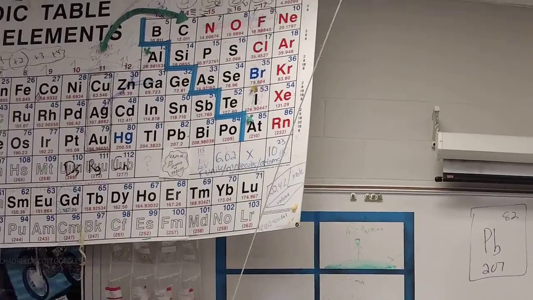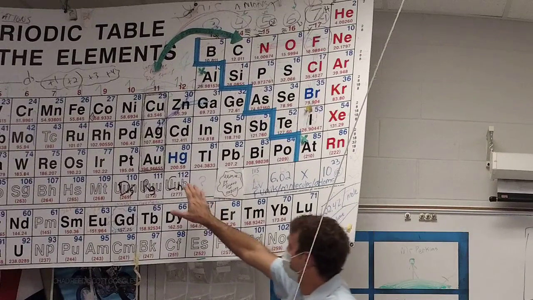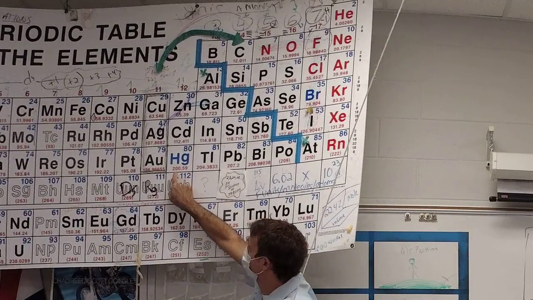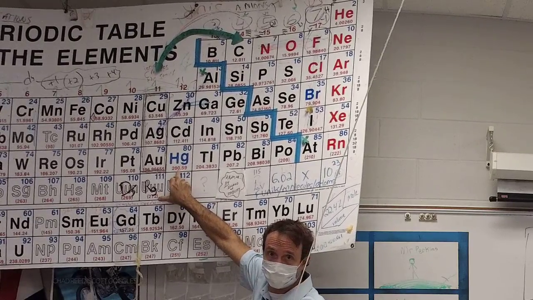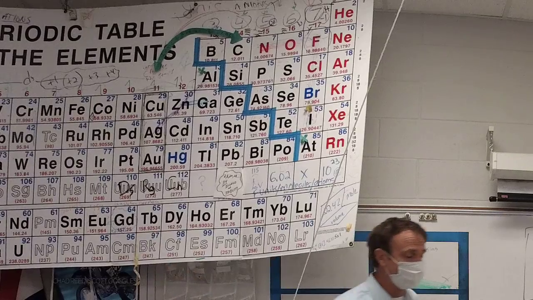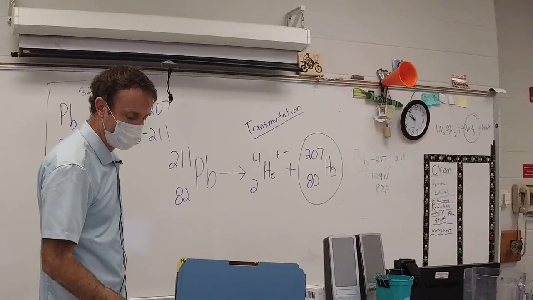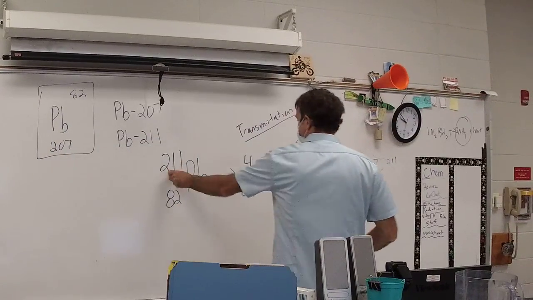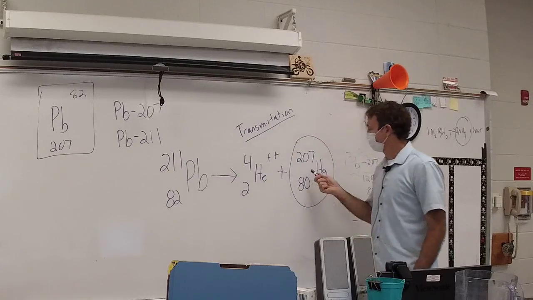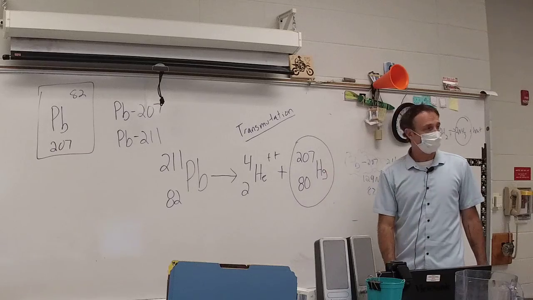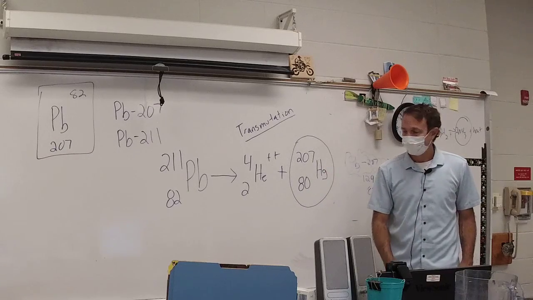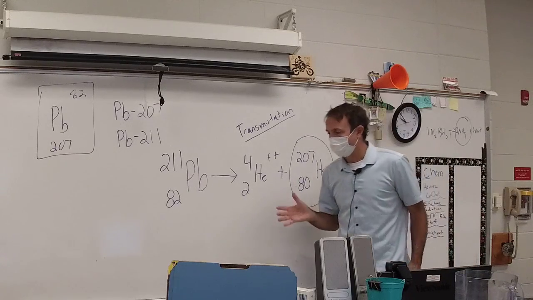People at home, let's look at mercury. Mercury normally has a weight of 200 or 200.6. But this mercury atom that's been produced from the alpha decay of lead-211, it produced mercury-207. That's pretty far off. This would probably break down again, wouldn't it? All right. So there is an alpha decay.